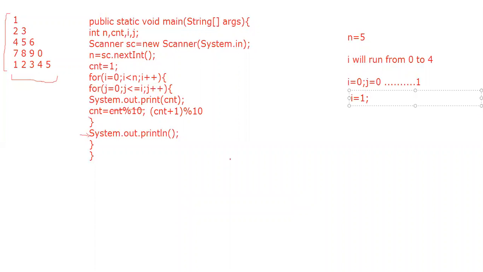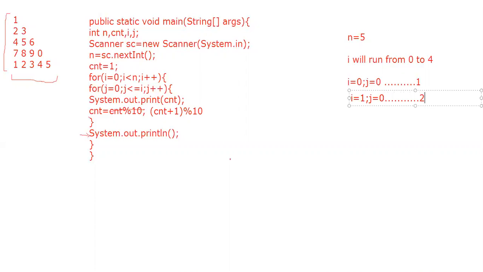And in that case, the first value of j will be 0, and what will be printed? Since the value of CNT has incremented by 1, initially the value of CNT was 1, now we have incremented it by 1, so it will be 2.